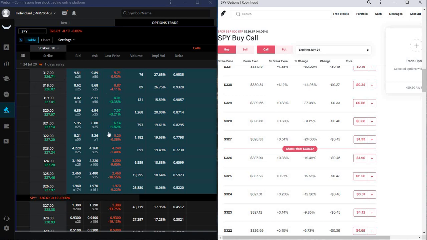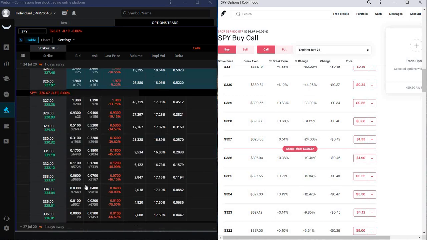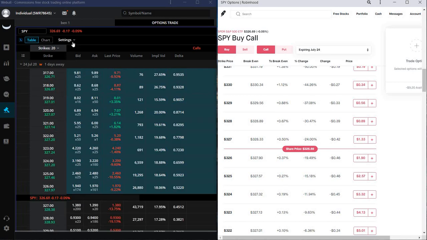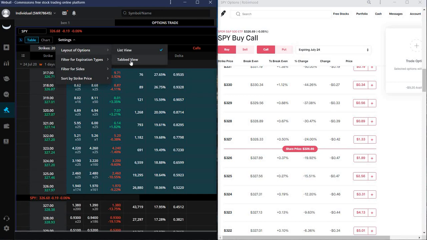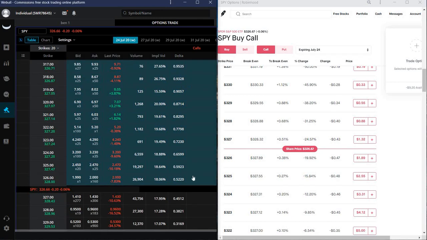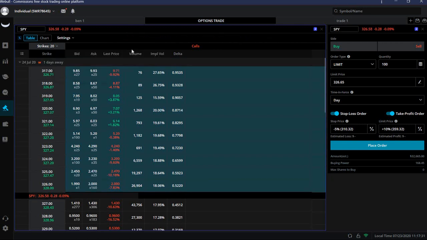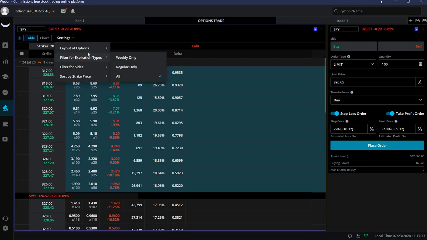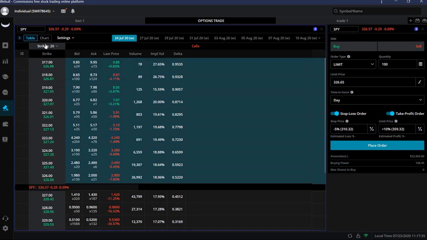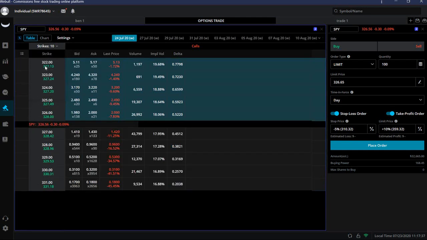So here on the left you can see it's a lot more difficult. Let me see. Settings. Let's just make this big. Alright. Tab to view.